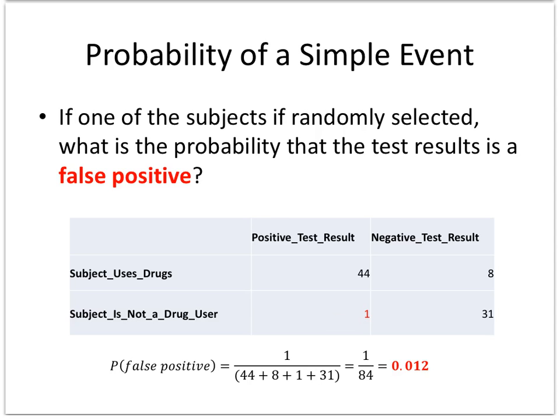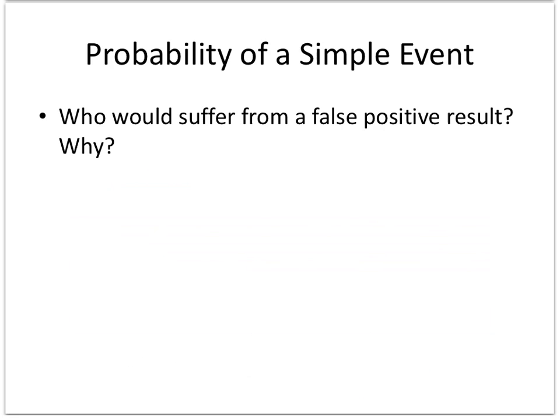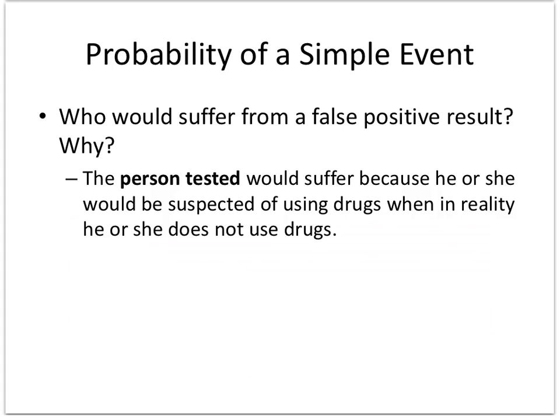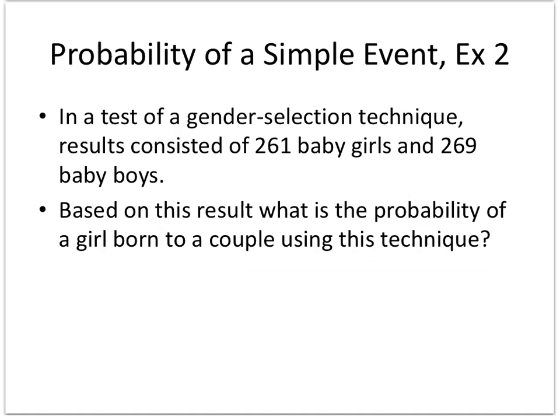So out of the total number of all employees in this test, if I add up all of these, that gives me my denominator, 1 out of 84, or I change to a decimal and round for my probability. Who would suffer from a false positive result? Certainly the person tested would suffer, because he or she would be suspected of using drugs when in reality he or she does not use drugs.